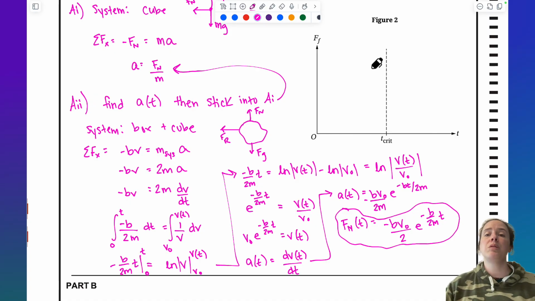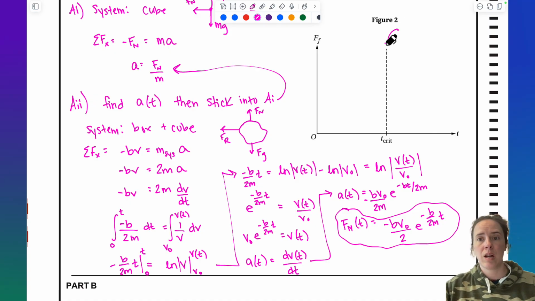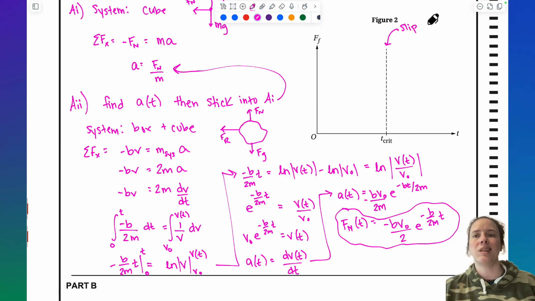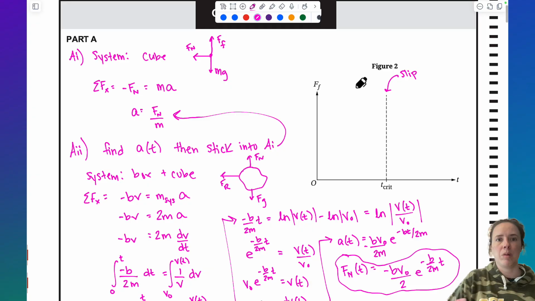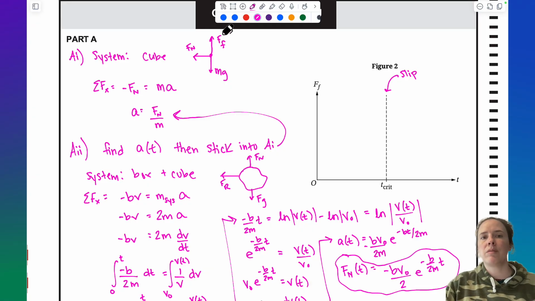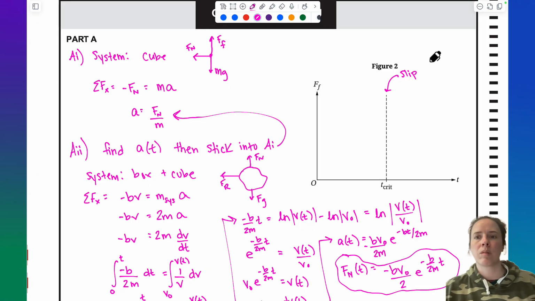So this required you to remember that when I slip, that slip point is exactly where my static friction force gets overpowered by the force trying to undo my friction. In this case, looking at my free body diagram, that's going to be where my friction force is equal to my weight.